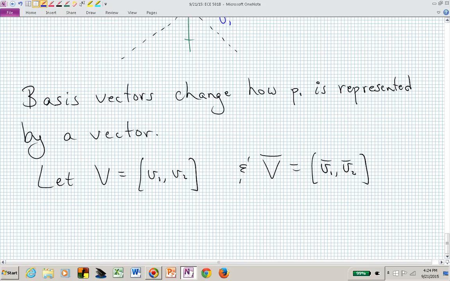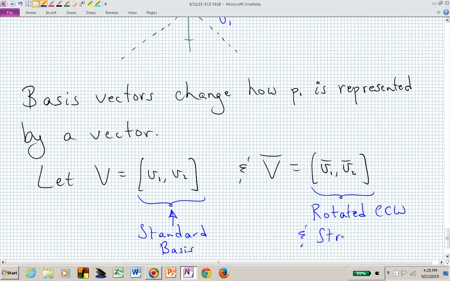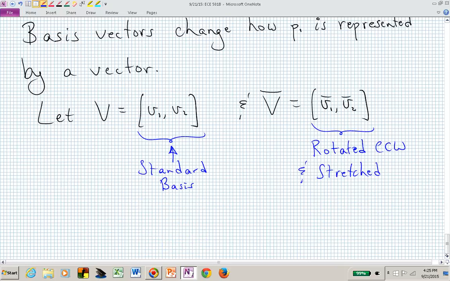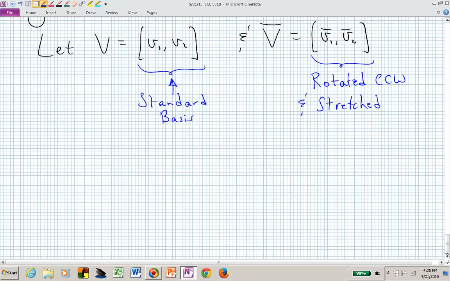Where this particular basis is our standard basis, and this basis, the barred basis, is actually rotated CCW or counterclockwise and actually stretched. They don't have a length of 1, they have a length of square root of 2, for example. Now let's represent P1 in terms of both of those basis vector sets.